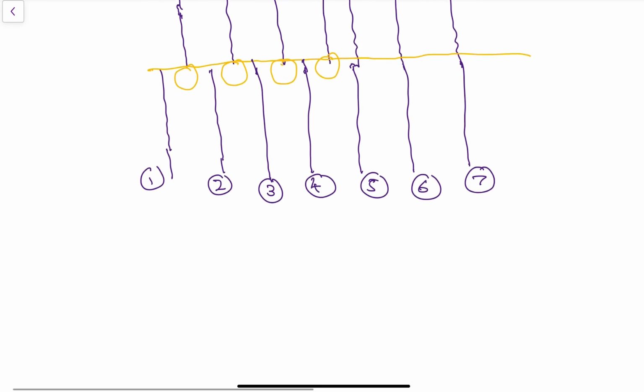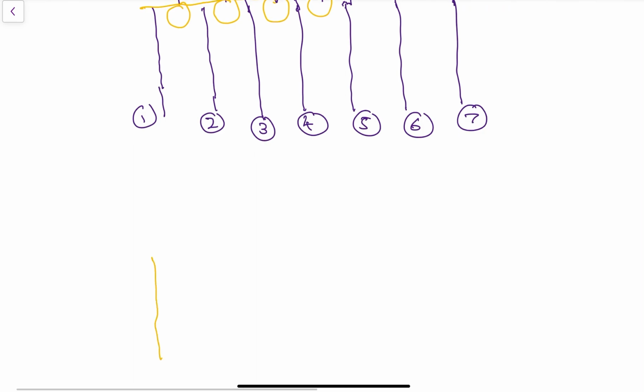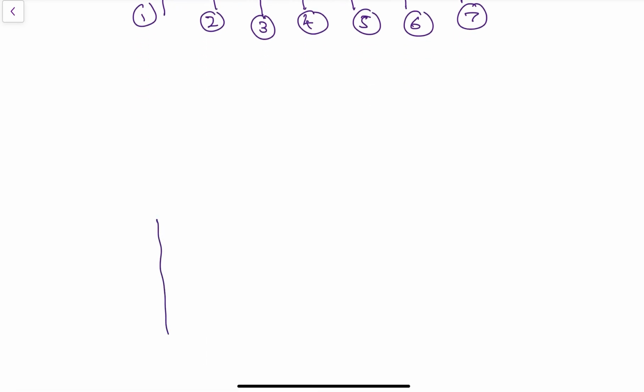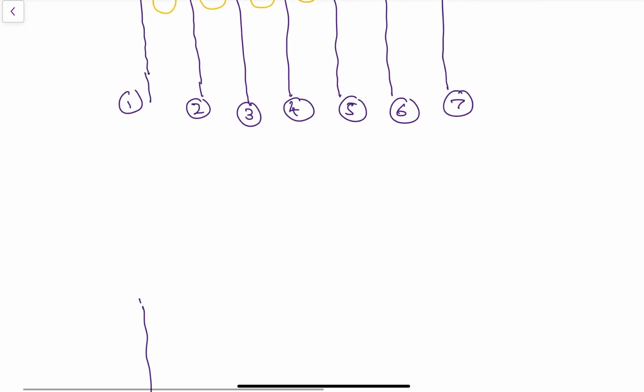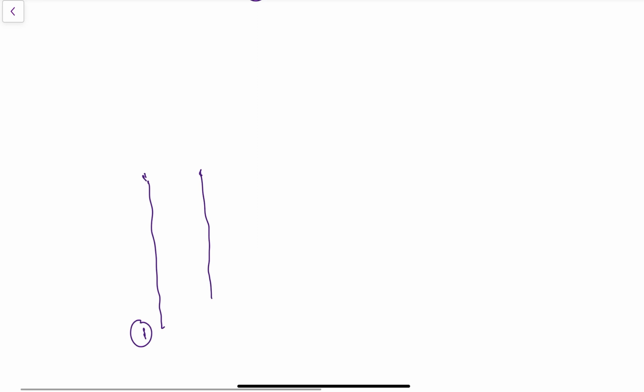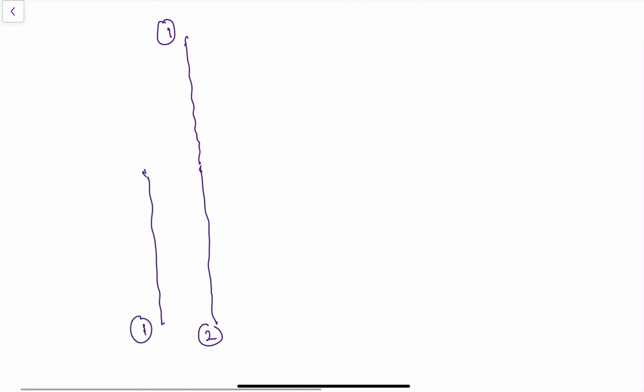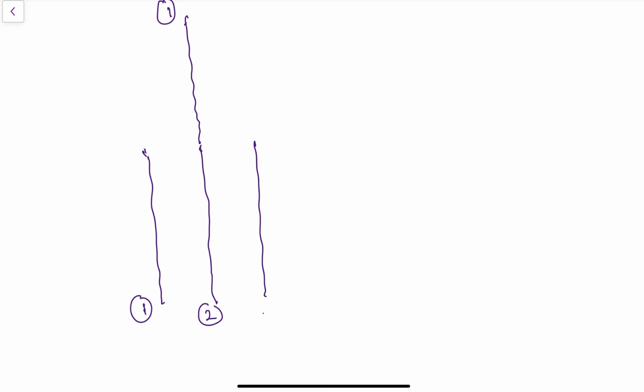But this is not quite stable. So what will happen is that, okay, so this is your bottom plane. So this top, the first plane joins with the second plane here, and here the third plane.